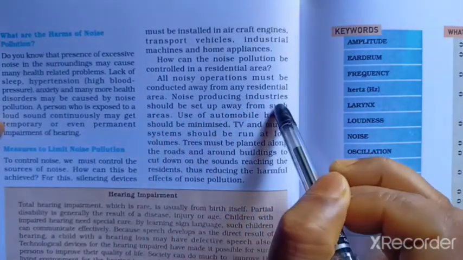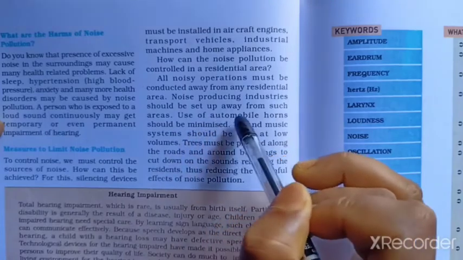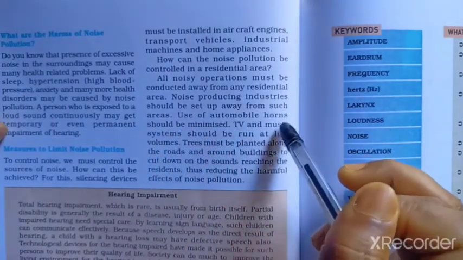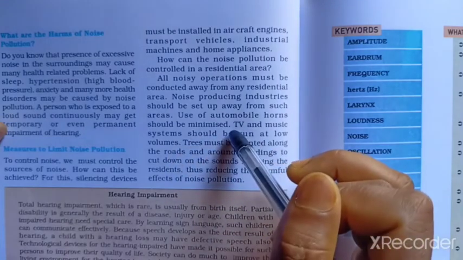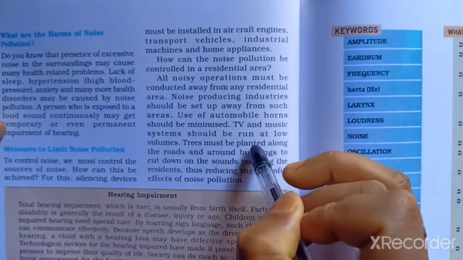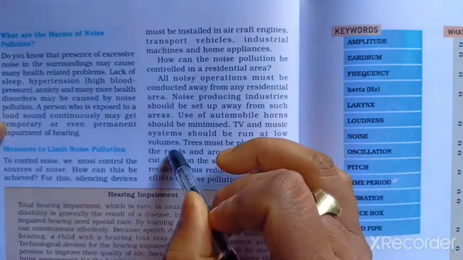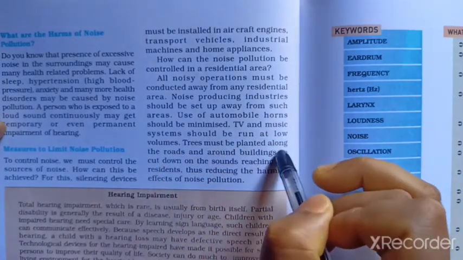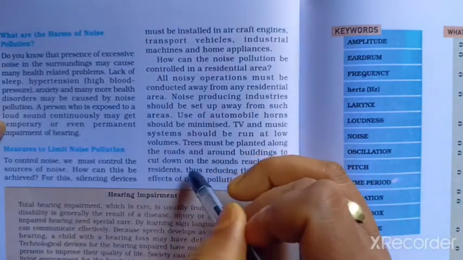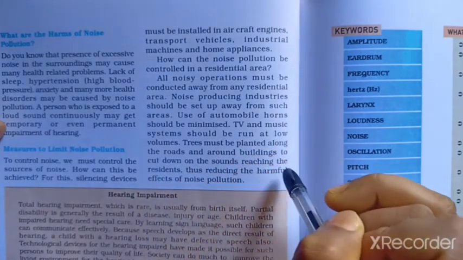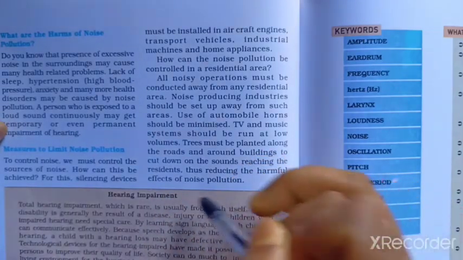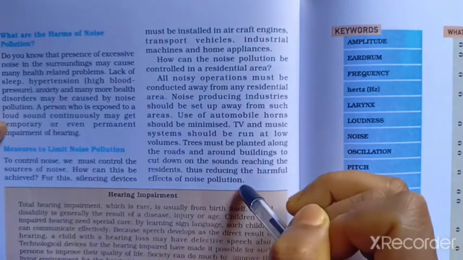Noise producing industries should be set up away from such areas. Use of automobile horns should be minimized. TV and music systems should be run at low volumes. Trees must be planted along the roads and around buildings to cut down on the sounds reaching the residents, thus reducing the harmful effects of noise pollution.